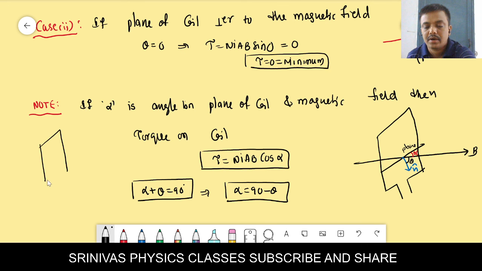This is one plane, surface. Normal to the surface is this one. Normal means a line that makes 90 degrees with the surface.